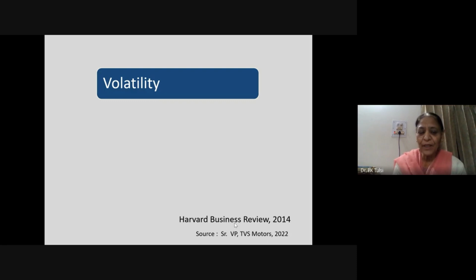Likewise, if we examine the kind of changes that are taking place in the industry, where cutthroat competition is taking place and value addition is being done by the industry day in and day out to compete with other industries, or if we talk in terms of technology, even the technology is rapidly changing.